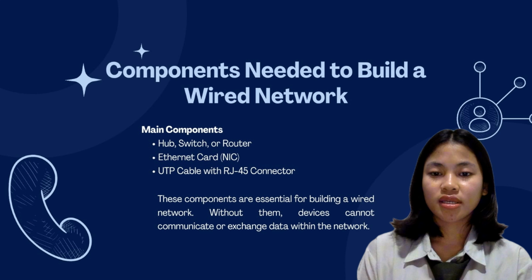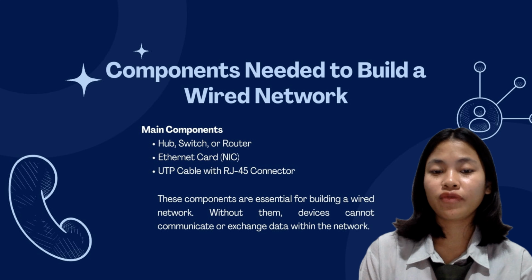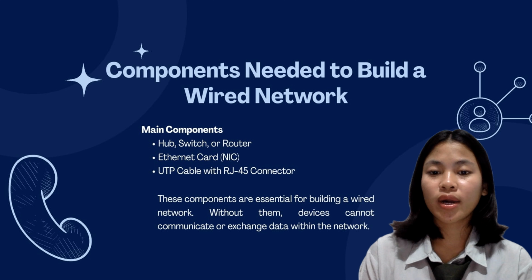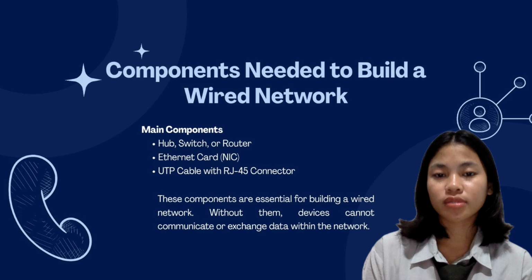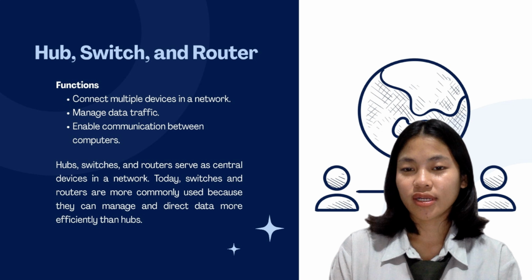Next, components needed to build a wired network. Main components: hub, switch or router, Ethernet card or NIC, UTP cable with RJ45 connector. These components are essential for building a wired network. Without them, the devices cannot communicate or exchange data within the network. Next, hub, switch, and router.